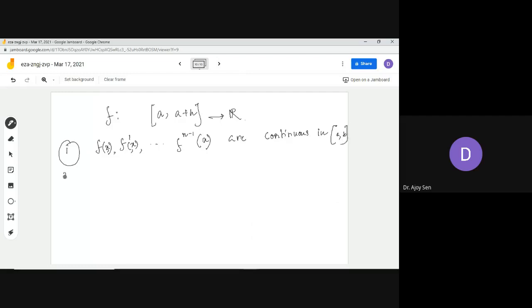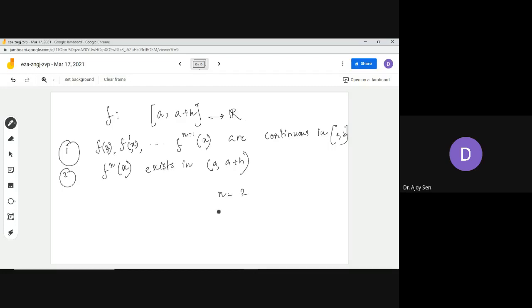And number two, if the nth derivative exists in this region. So for example, if the value of n is 2, this n-2 becomes 1.